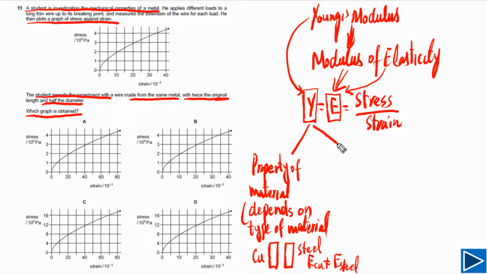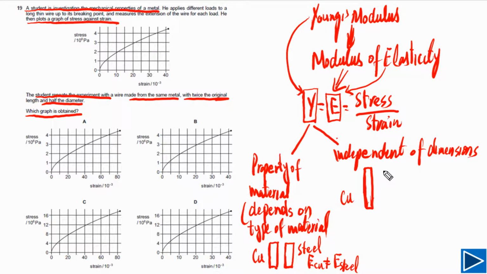And the second thing we need to understand about Young's modulus is that it is independent of dimensions. What exactly does it mean by independent of dimensions? It simply means that let's say we have one wire and this wire is made of copper, and we have another wire and this wire is also made of copper.